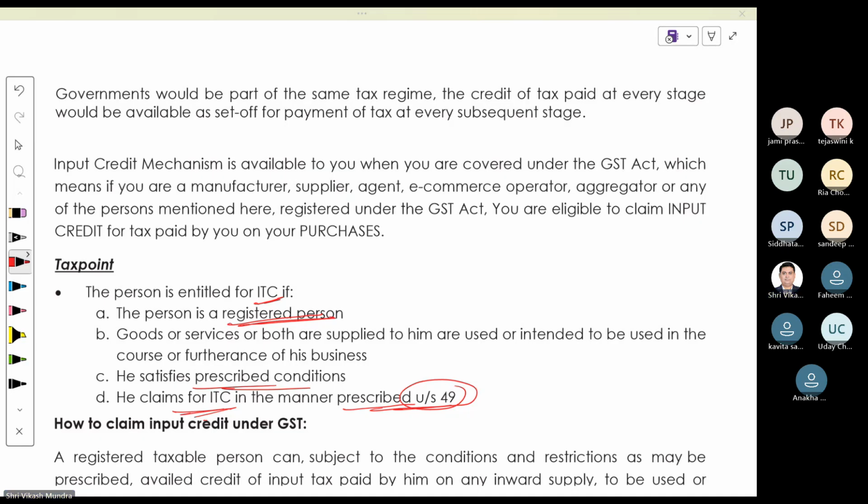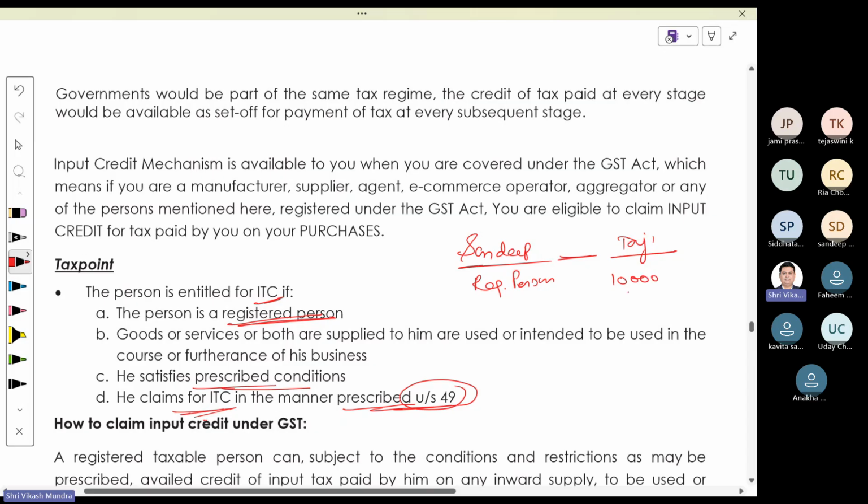Suppose Sandeep is a registered person. He went for dinner with his girlfriend in Taj. Total bill is rupees, say, 10,000, and on this bill GST of 5% has been levied. Is it available as ITC to Mr. Sandeep?